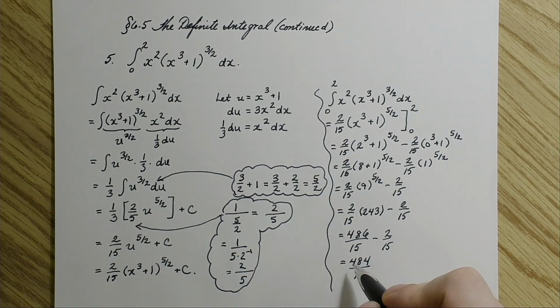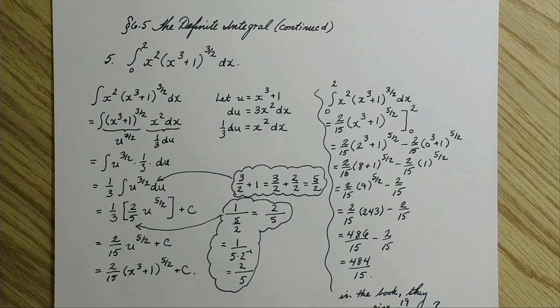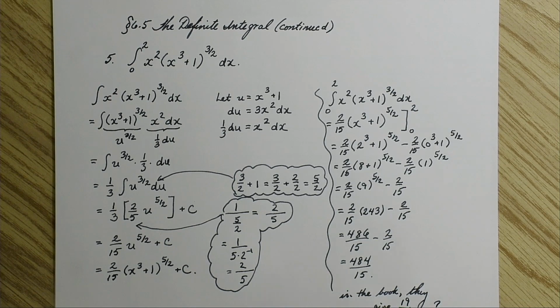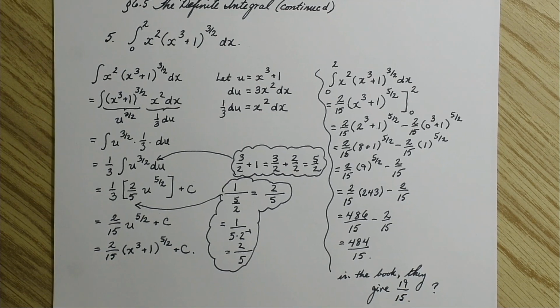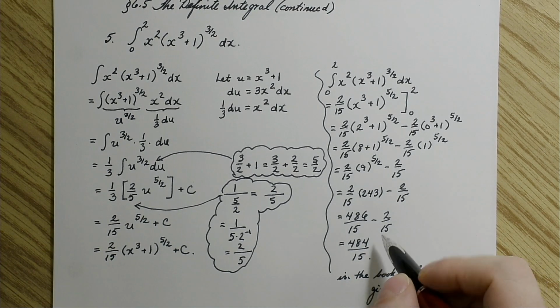So the final answer that I got was 484 over 15. And in the back of the book, they give 19 over 15. I'm not sure how they got that, and I double checked, so this one is correct.